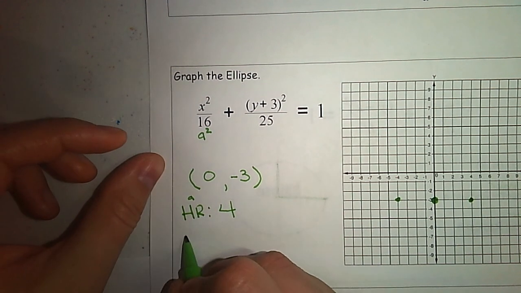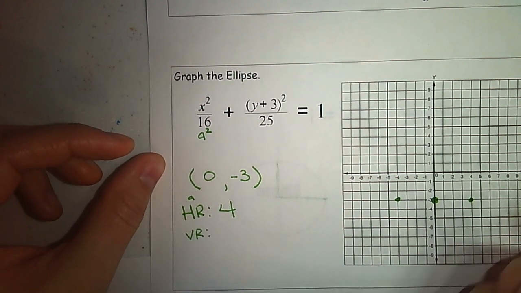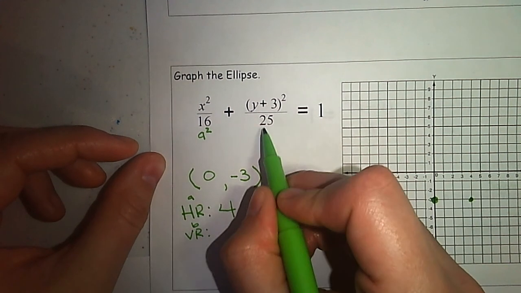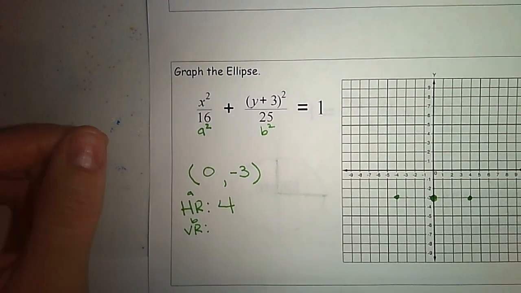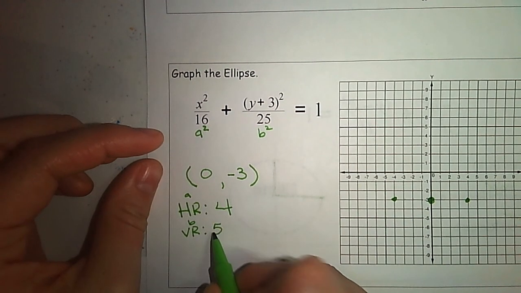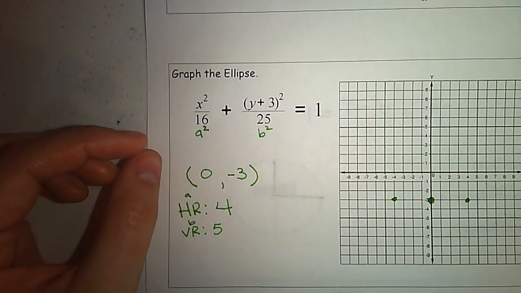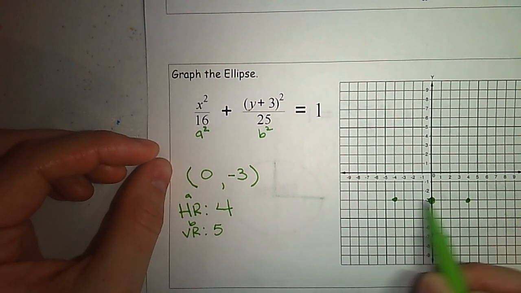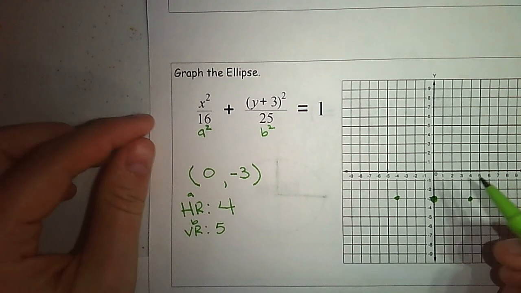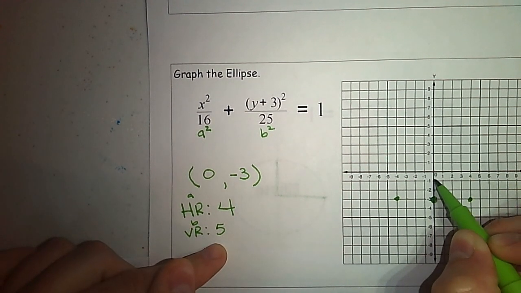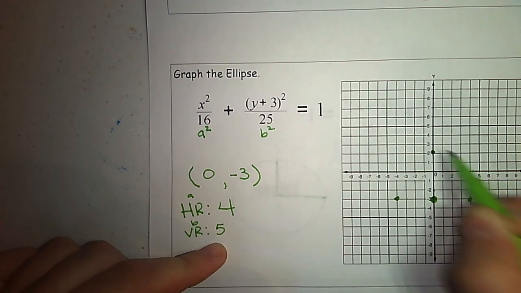Next thing, my vertical radius. Again, that is represented in the equation by b. Remember, this is our b squared. So b squared equals 25, then b has to equal 5. So my horizontal radius we said was 4, so horizontally I'm going 4, which means the vertical radius is 5. So I need to go up and down 5.